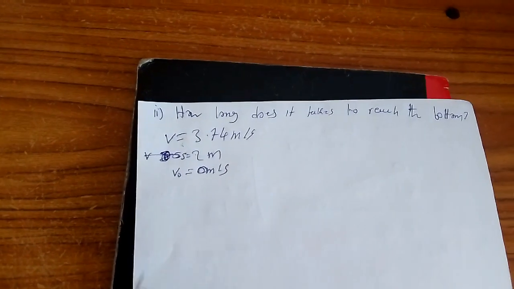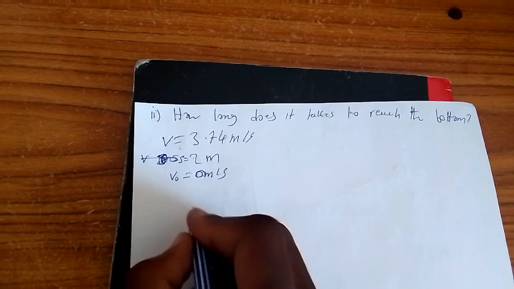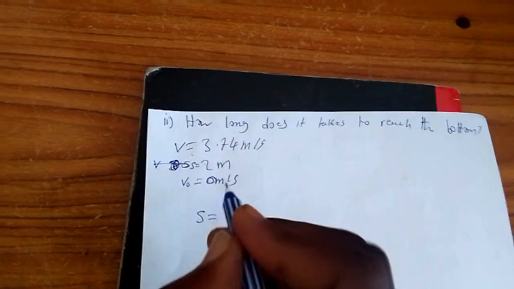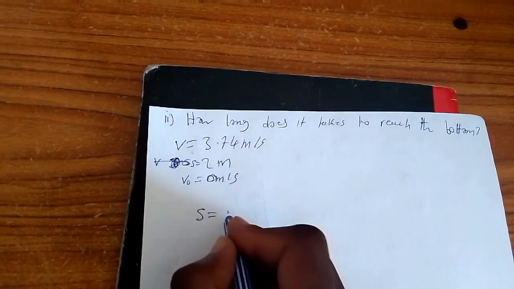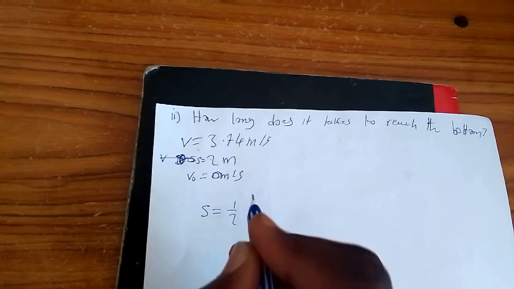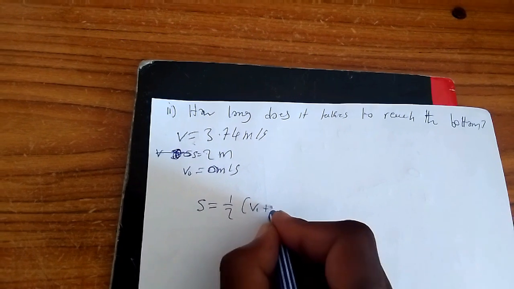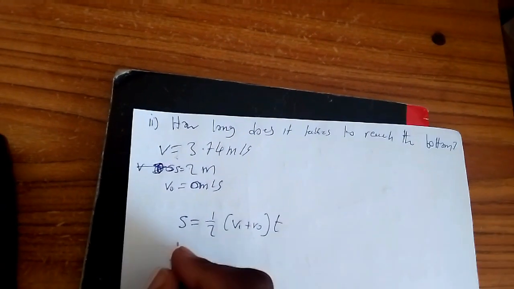We are going to use this formula, which is displacement is equal to, as usual, half v plus the initial, times time. And now we can substitute what we have.